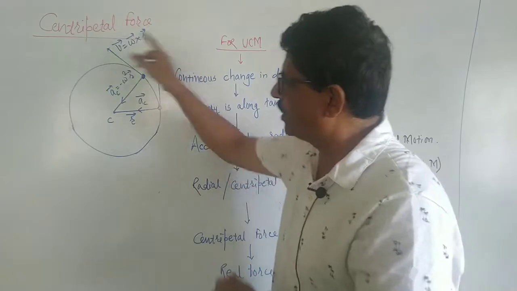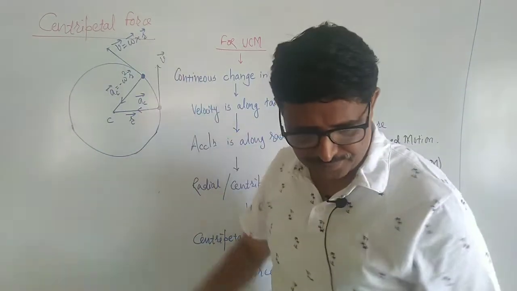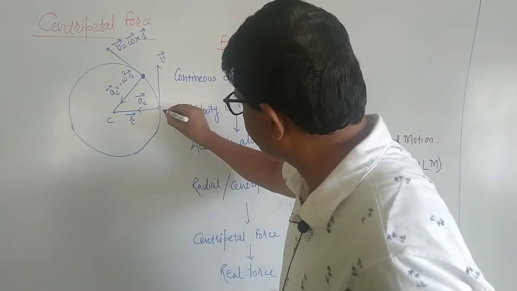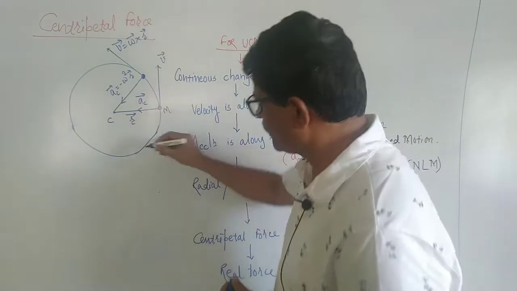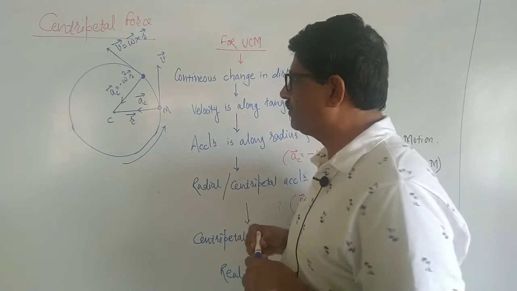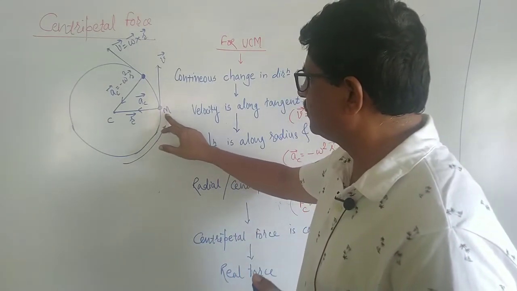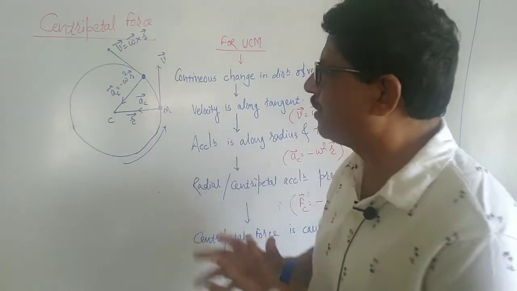A particle is performing circular motion like this one. This particle has a mass m. It is moving along a circle of radius r, obviously in an anti-clockwise sense of direction. Velocity of a particle of mass m at a given instant of time is along the tangent, which is represented by v.